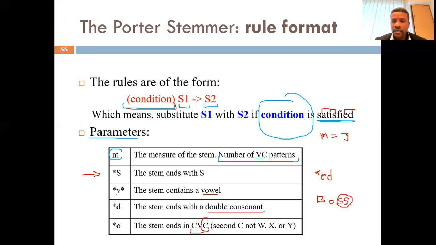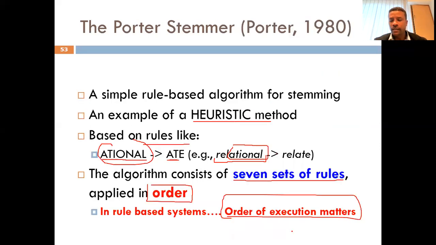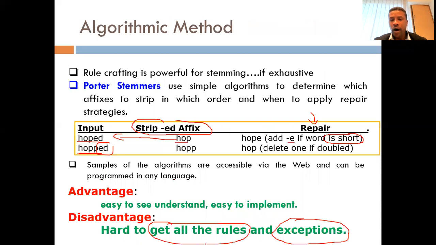The second consonant cannot be W, X, or Y. Mind you, to come up with this rule, you have to know all the words in the language. ለዛ ነው ቅድም እንደዚህ ብለን አስቀምጠናል. Don't forget, in here the power is that it's very powerful, but the disadvantage is it's hard to get all the rules and it's hard to get all the exceptions. Okay? Clear now?